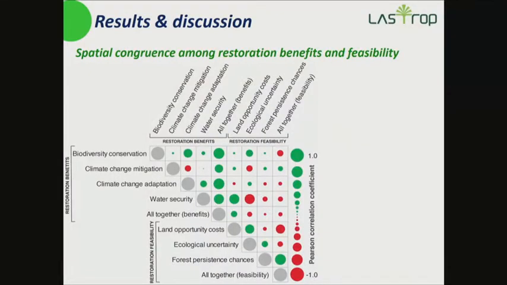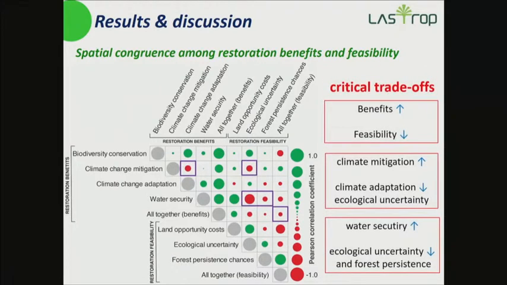But at the same time, when we use a correlation matrix to analyze the spatial congruence among restoration benefits and feasibility factors, we found some emergent trade-offs. So for instance, overall, the areas maximizing benefits are not the areas maximizing feasibility.